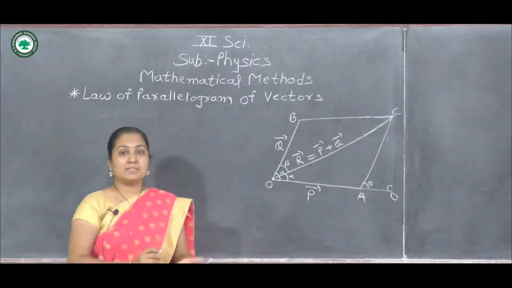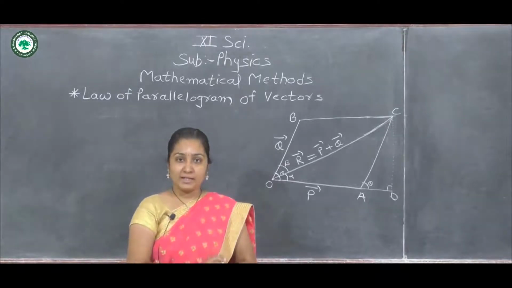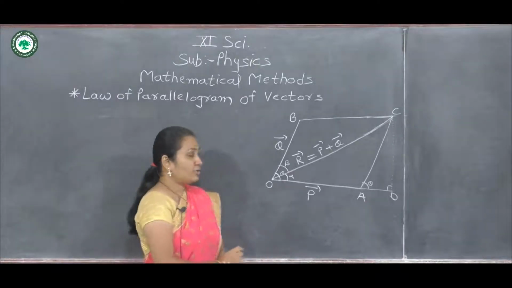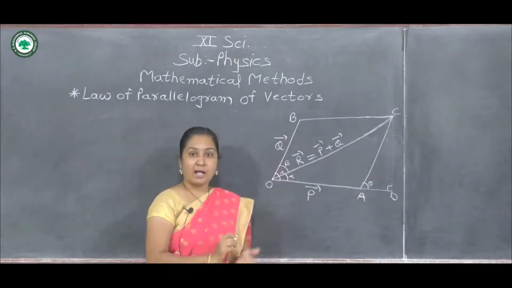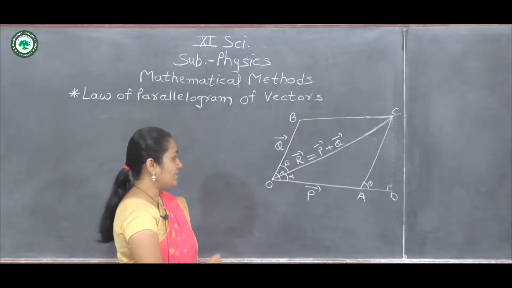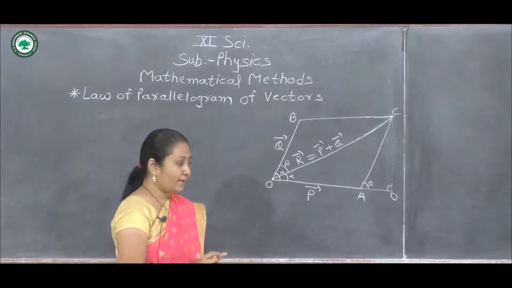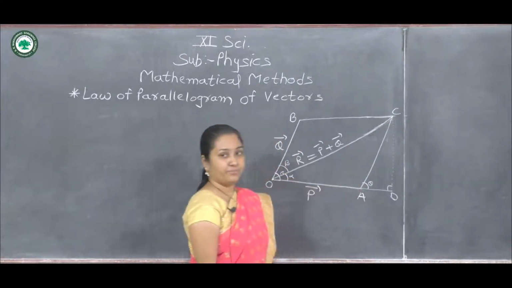Now, since this is a geometrical method, we can find the magnitude and direction of the resultant vector R bar. For that, let us consider the right angle triangle ODC.